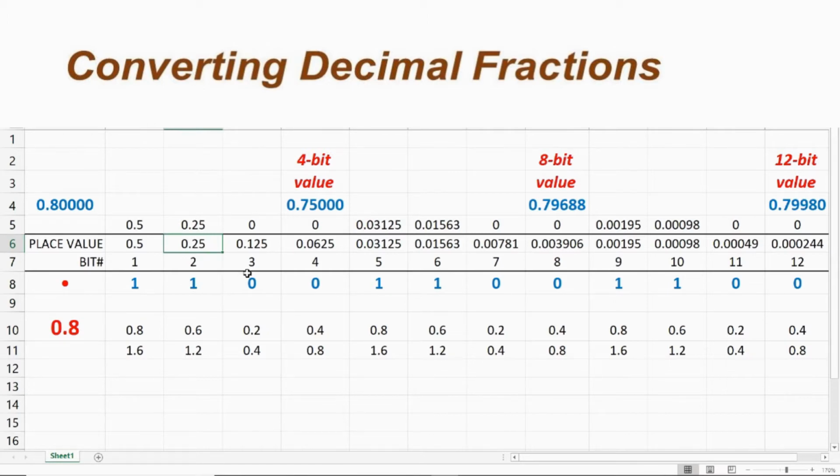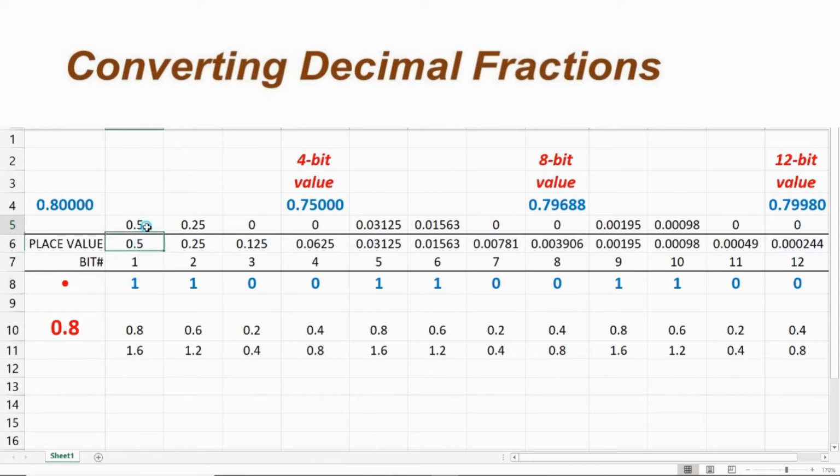Similarly, the place value of the third bit is 2 raised to power minus 3, which equals 1 by 8, which is shown out here. The place value of the fourth bit is 1 by 16, which is shown here. So this entire row shows you the place value of each of the bits.